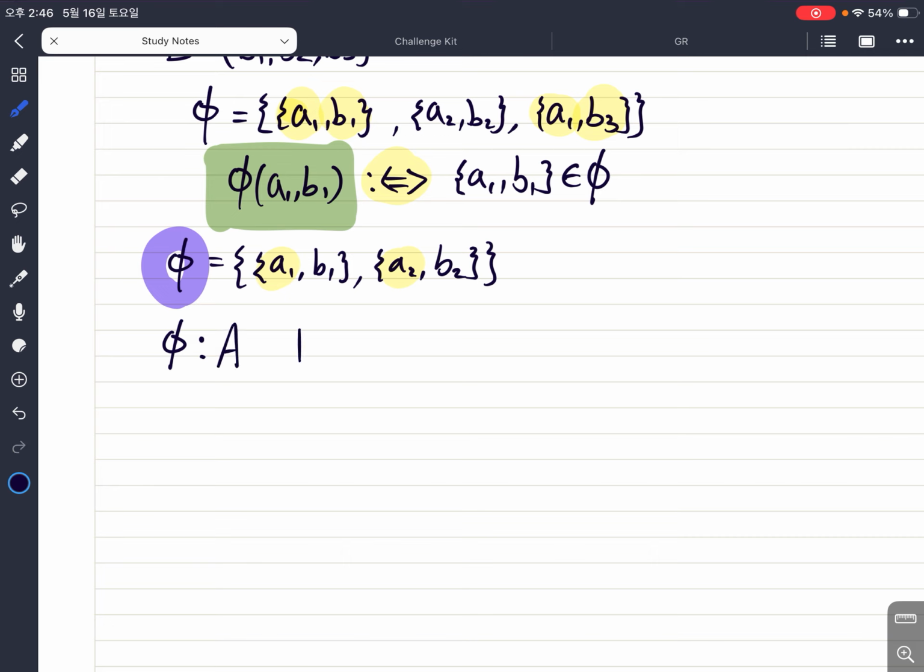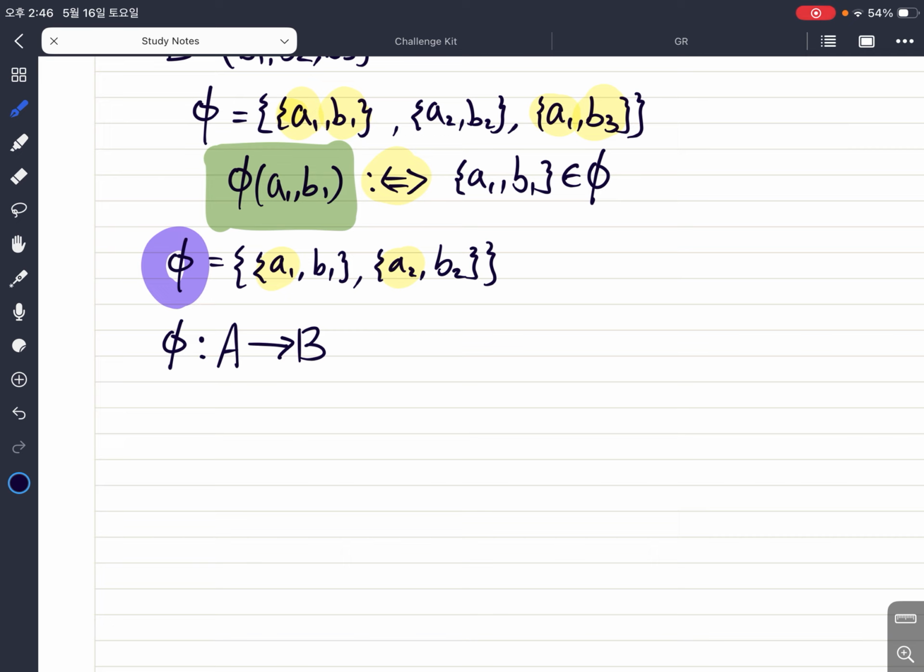The other is B. But each element of A has a unique element in B. So in this case, you write this.